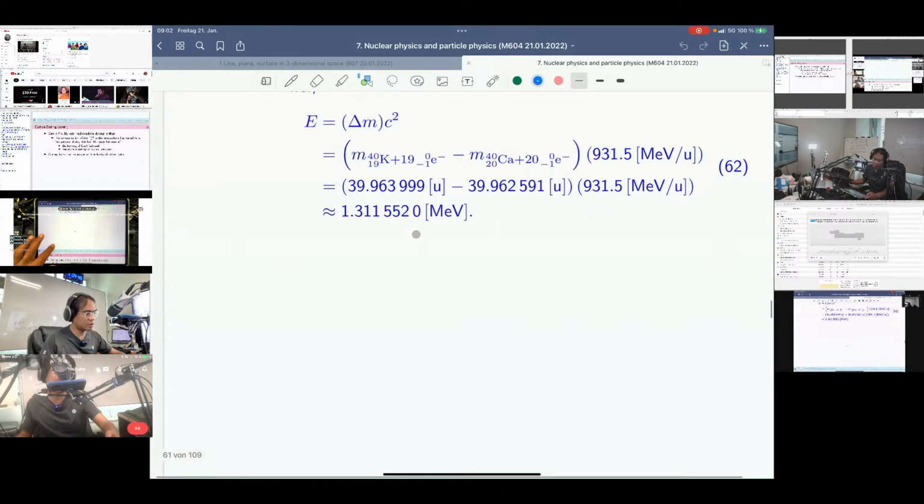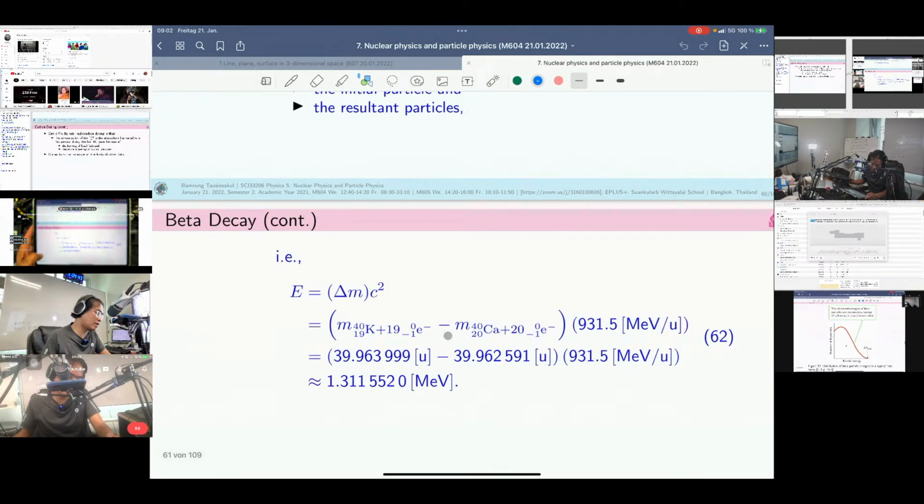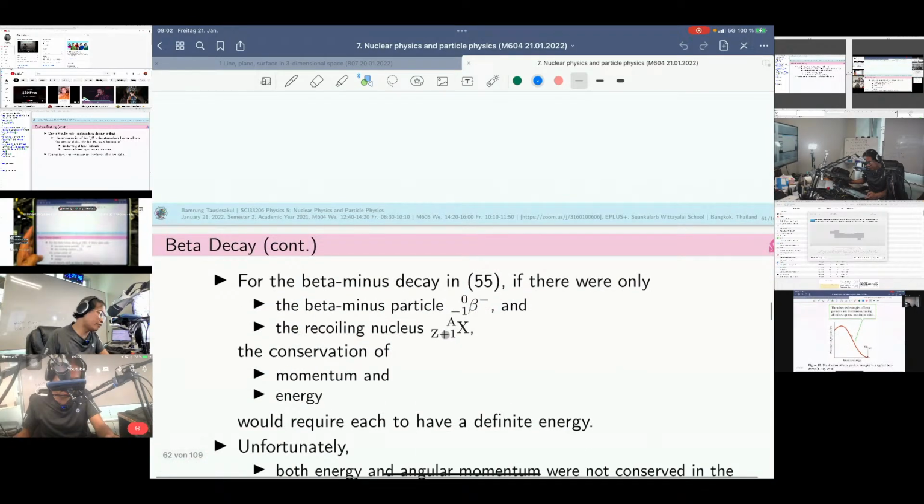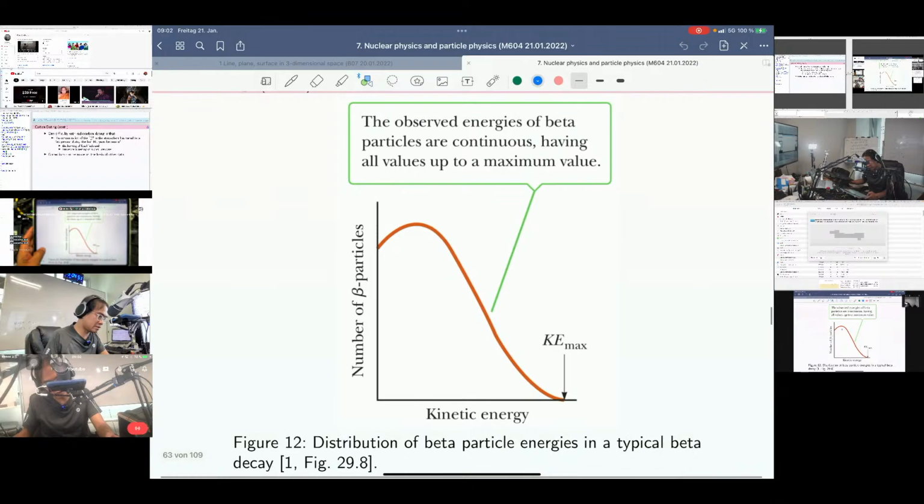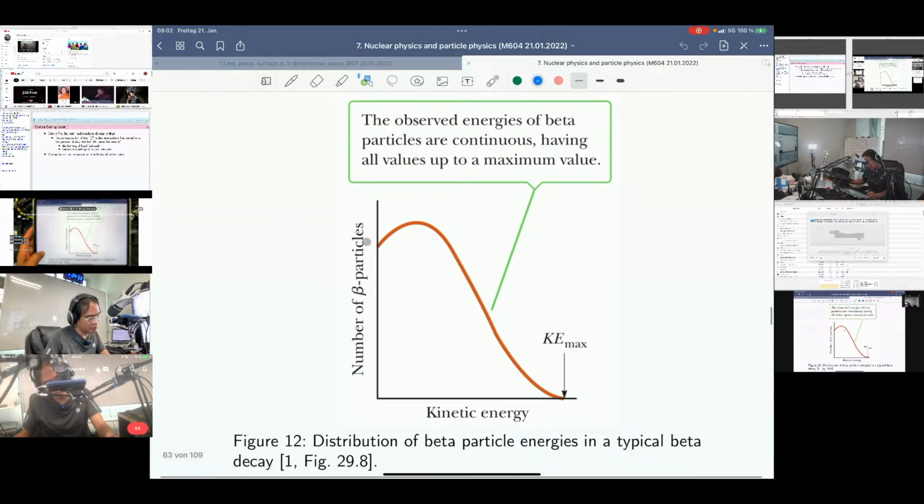But from the experiment, physics is quite strict. We have to compare it to the actual measurement, and the apparent spectrum is continuous. So what is the reason behind that? The observed energy of beta particles is continuous, with all values up to a maximum value. So is the measurement wrong? No. There should be something missing in this beta decay process.